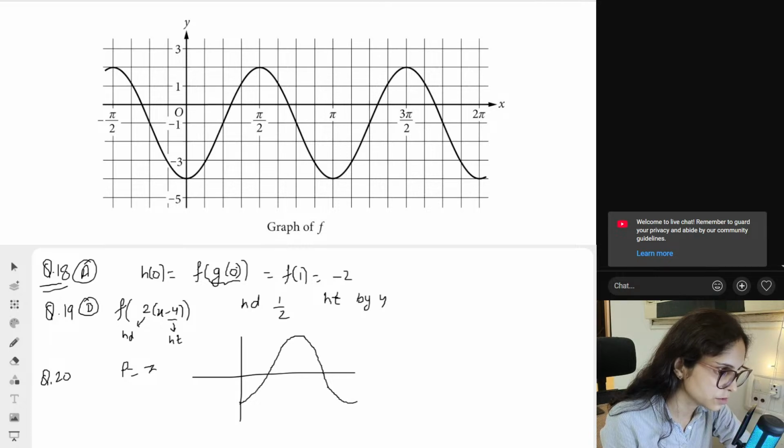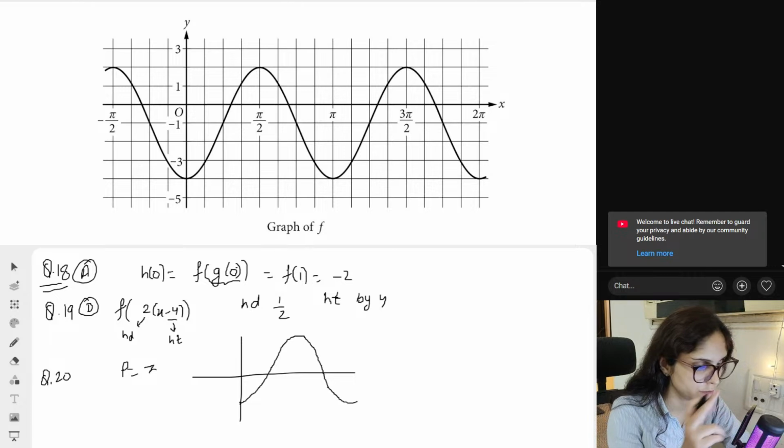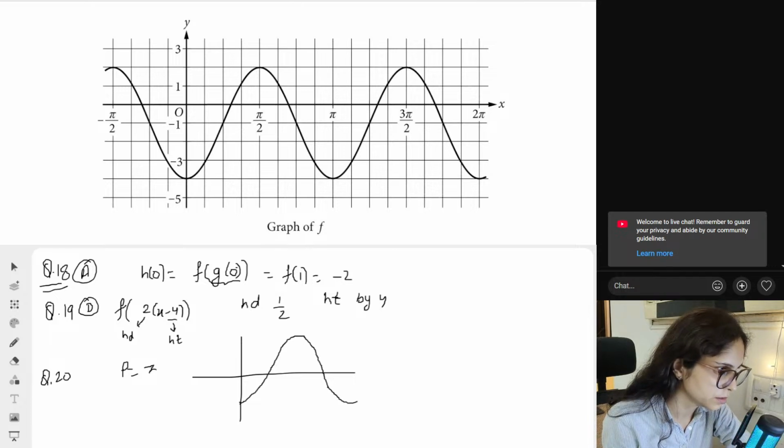Let me see how the graph looks. One, two, three, 1, 2. Okay. And this is pi over 2.